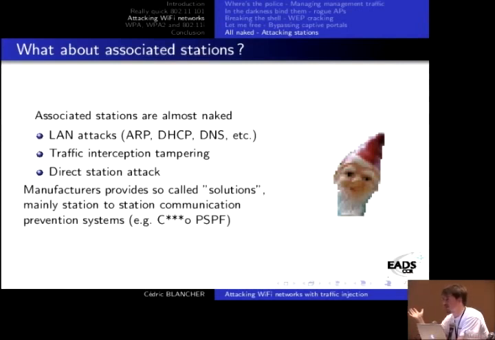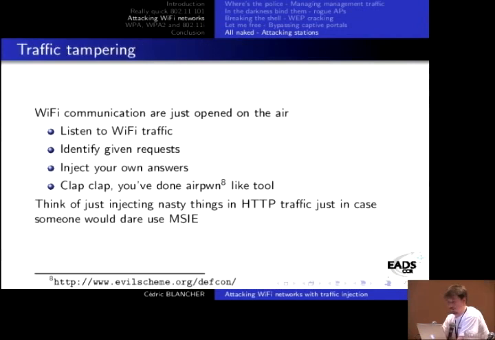So with this kind of protection, the access point doesn't do it. So you just can't talk to other stations. It's a bit like private VLAN stuff. So you're on the same network, but you can't communicate with each other. But the thing is, a Wi-Fi network is wide open. So, well, I will be back on this.